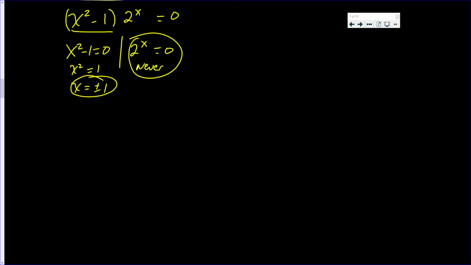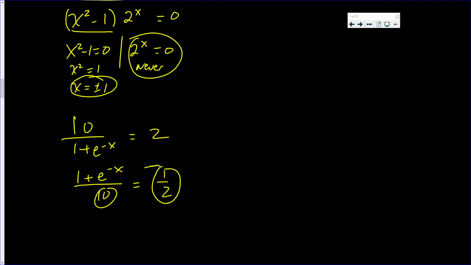Suppose you were asked to solve this problem for x. Well, x is in the denominator. What I would do first is take reciprocals. That way, what I want is in the numerator. 10 times this equals the top. 10 times a half, or half of 10, is 5.